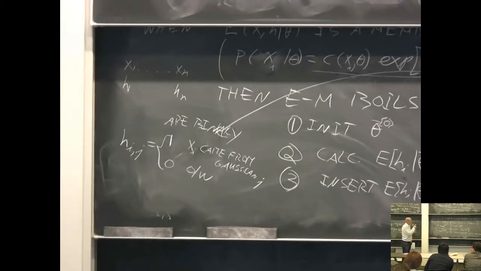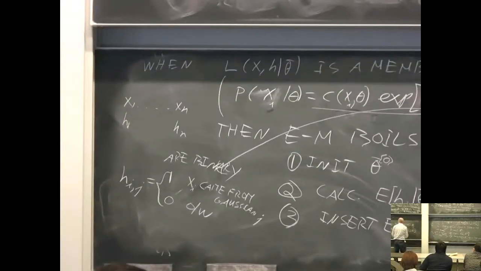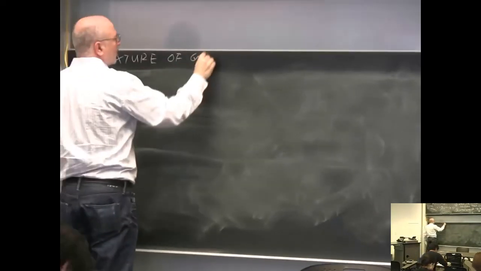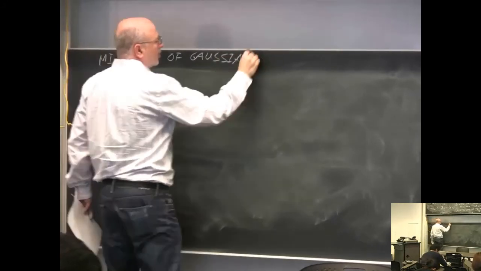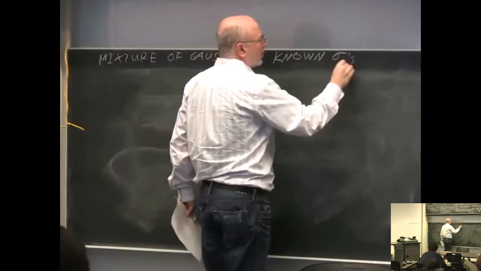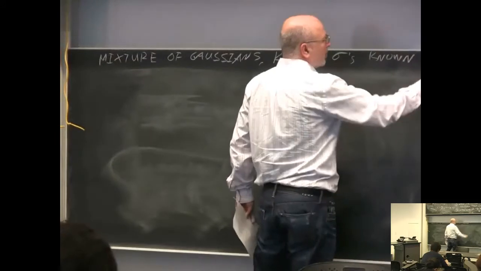So let me just redo the mixture of Gaussians based on this formulation. Mixture of Gaussians, known sigmas, known priors, known lambdas.